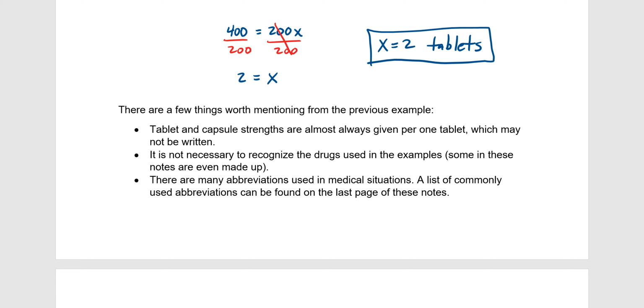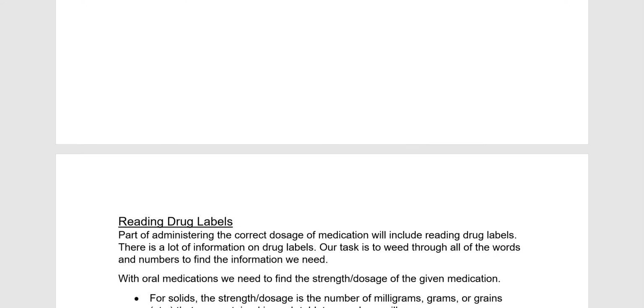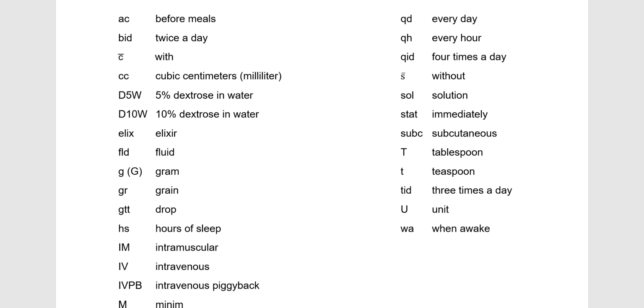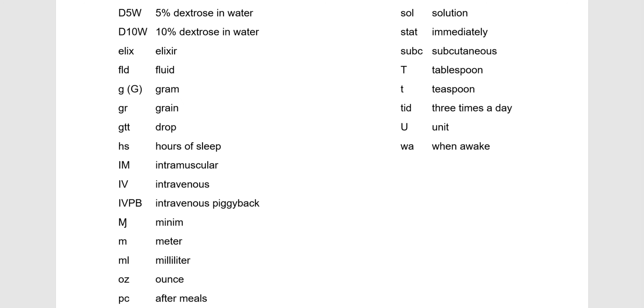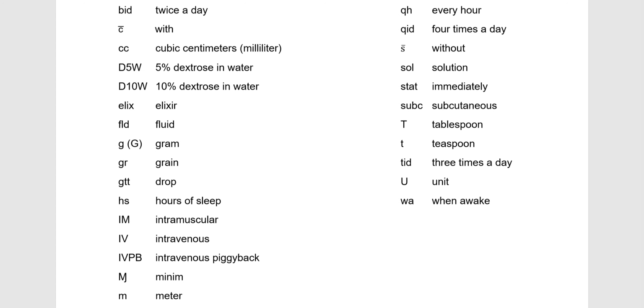And coming back to the abbreviations that I mentioned, there are a lot of abbreviations used. On the last page of these notes, let me scroll all the way to the end here, I have commonly used abbreviations. So you can kind of scroll through these. I'll be using a bunch of them throughout these examples also.